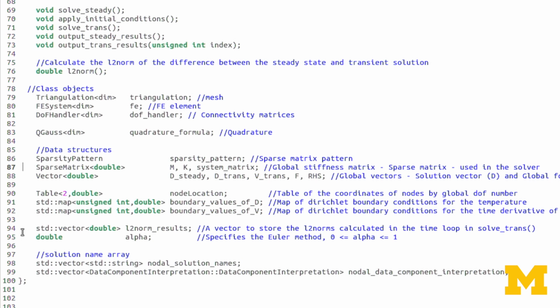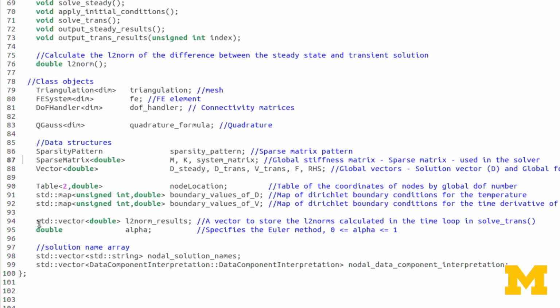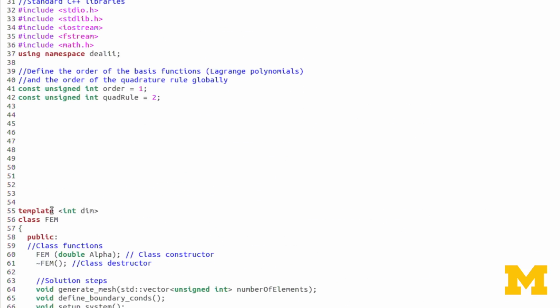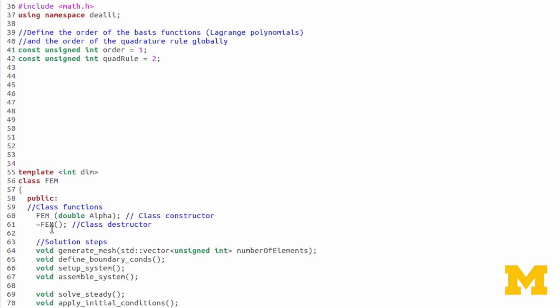Okay. We also have this standard vector of doubles called L2 norm results. This is going to store the L2 norm at various time steps. And then alpha. Alpha is just the input from our constructor. Okay.